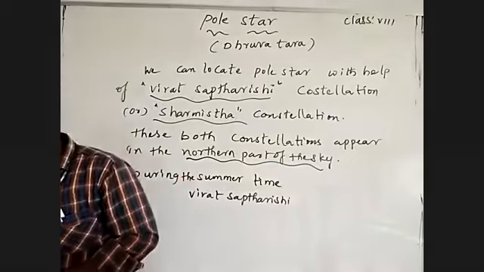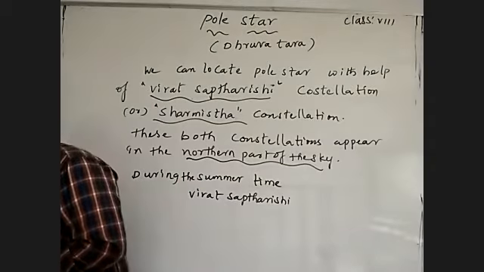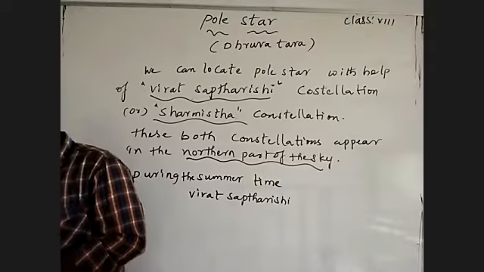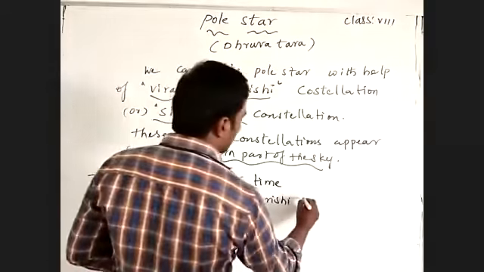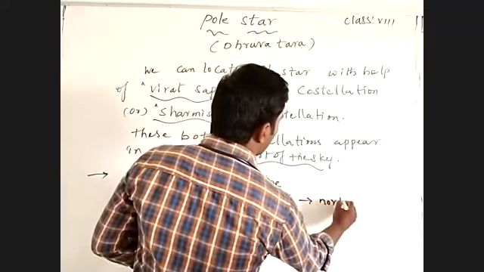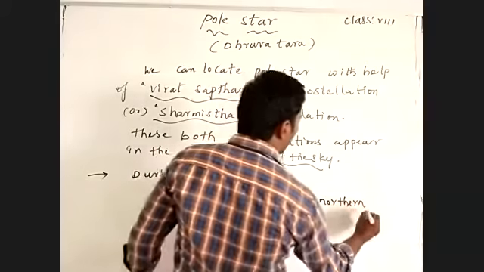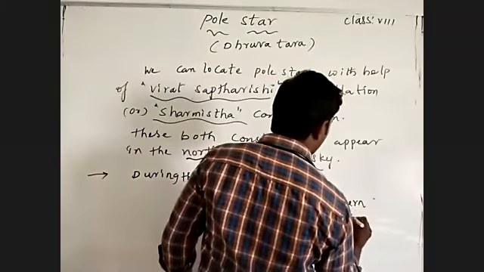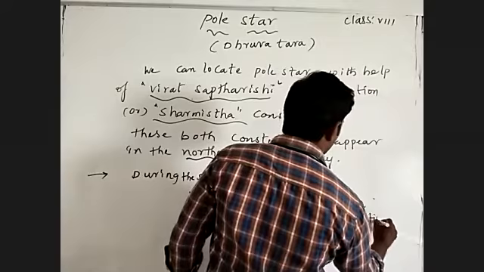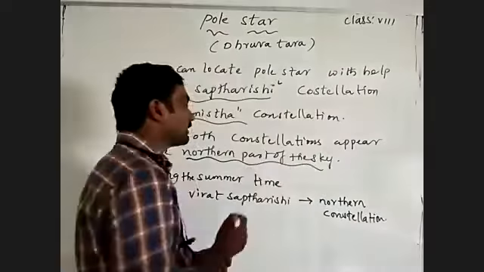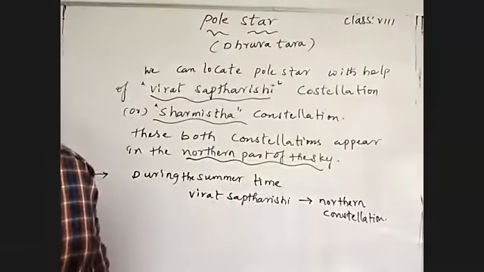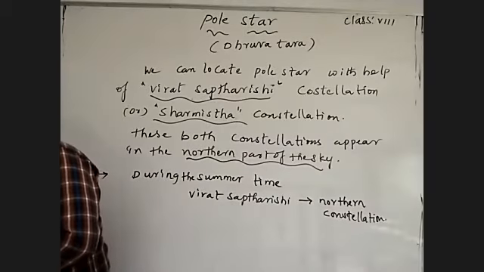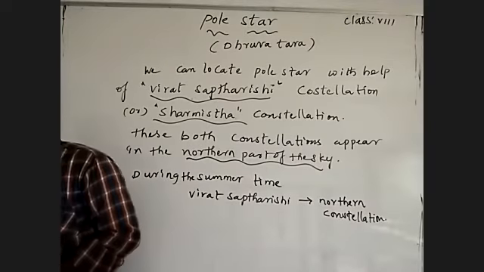Virat Saptarishi constellation is in the northern sky, so it is also called a northern constellation. Those constellations which form towards the northern side we call northern constellations. It is also called Ursa Major.